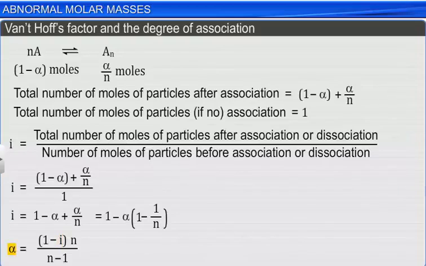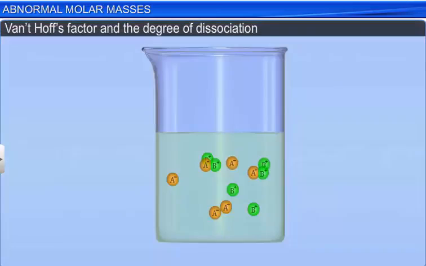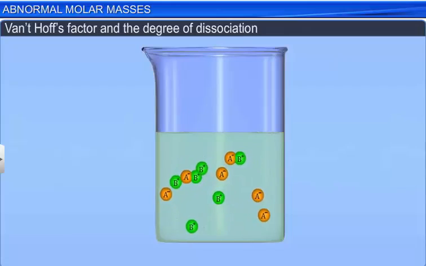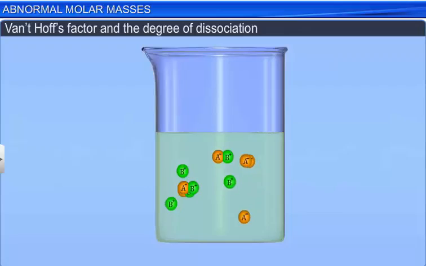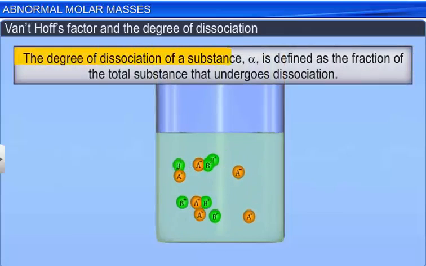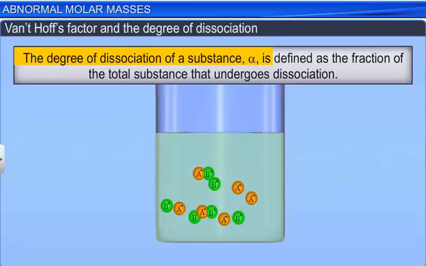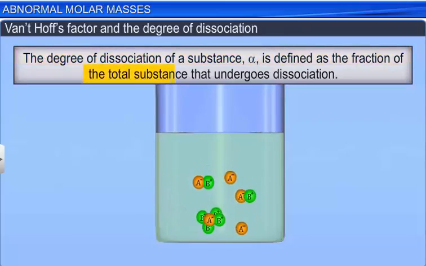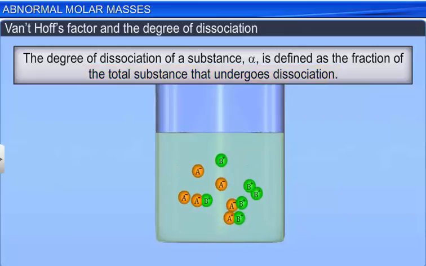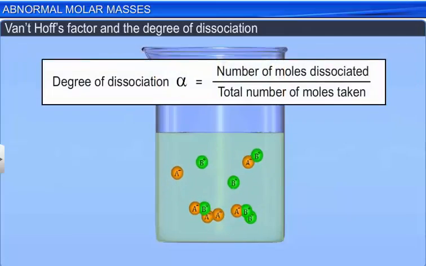can be calculated. On the same lines, let us now derive a relation between Van 't Hoff's factor i and degree of dissociation, alpha. The degree of dissociation of a substance, alpha, is defined as the fraction of the total substance that undergoes dissociation. That is, alpha is equal to the number of moles dissociated divided by the total number of moles taken.